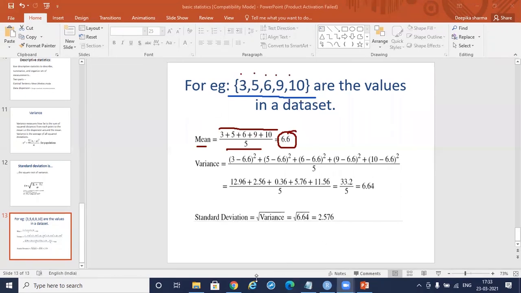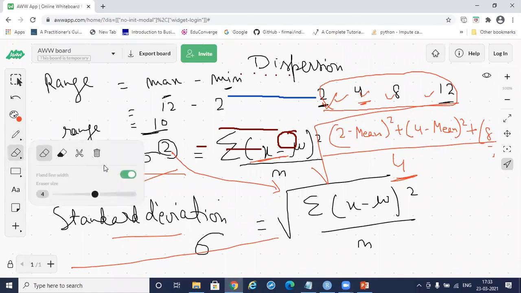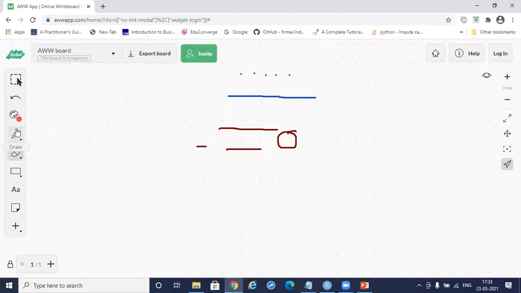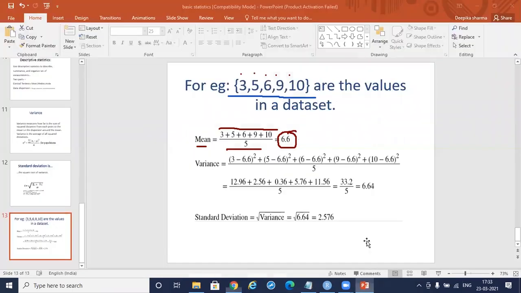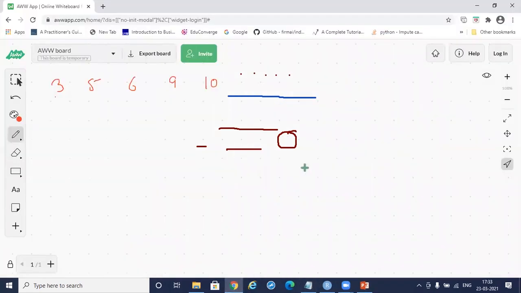The mean we calculated is 6.6, and I'm taking each point with the mean. Now I have to calculate the variance.